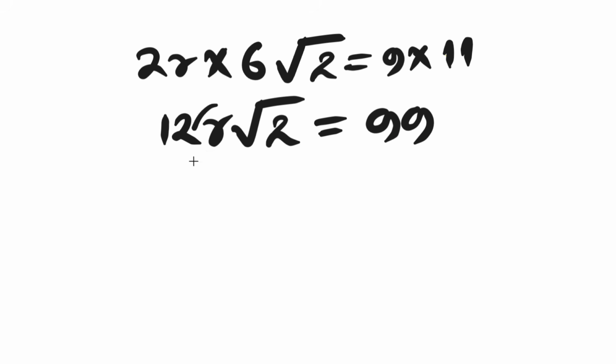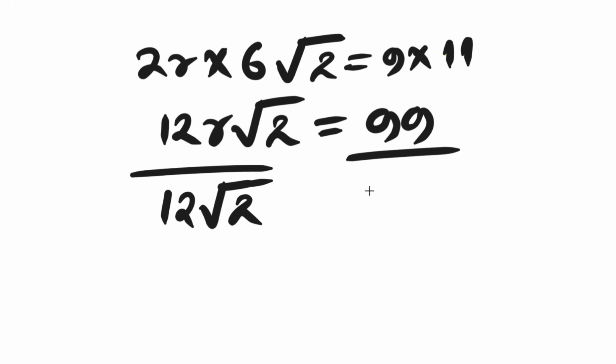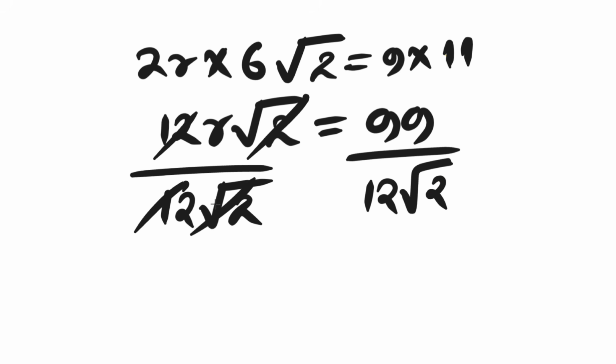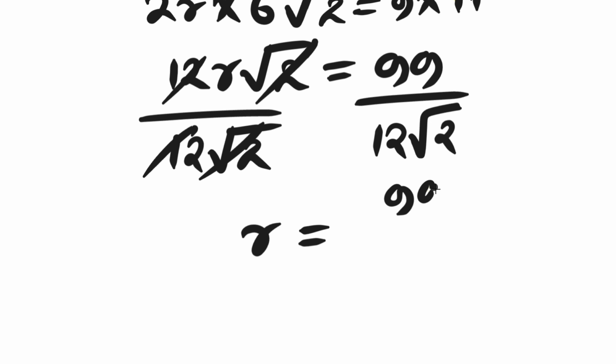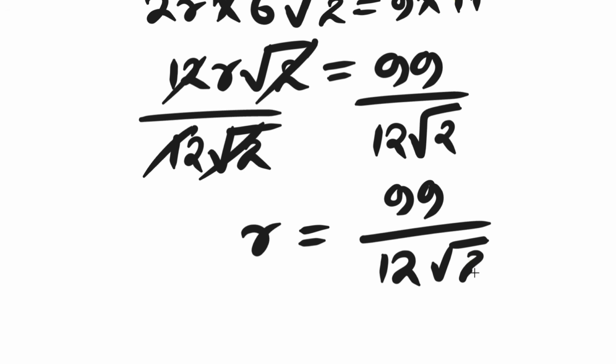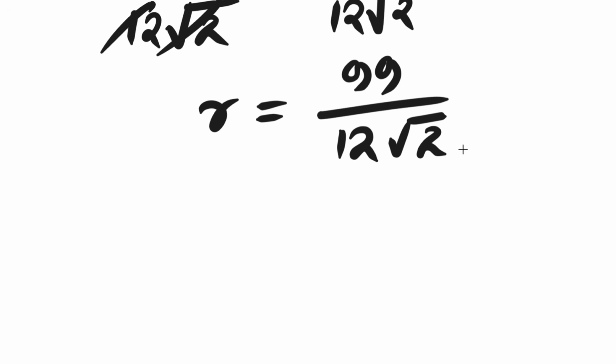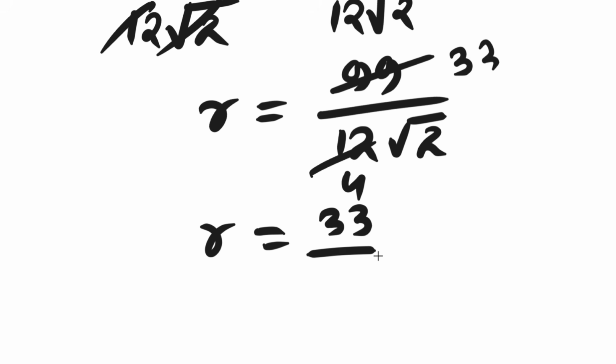To isolate r, divide both sides by 12 square root of 2. Therefore, r equals 99 divided by 12 square root of 2. We can simplify the numerical fraction by dividing 99 and 12 by 3. That gives us r equals 33 divided by 4 square root of 2.